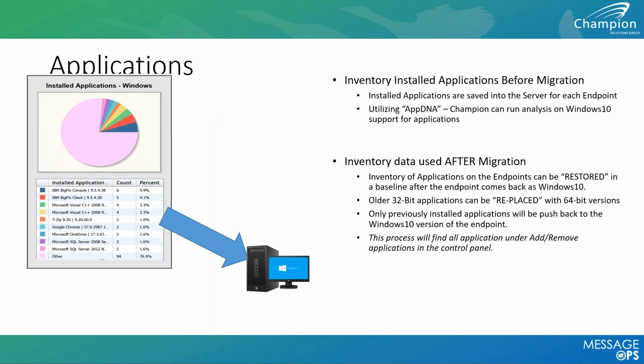This is also where we do a lot of transformation. We move those 32-bit apps to 64-bit apps because we know our desired state of our Windows 10 endpoints at the end of the day is all 64-bit operating systems that can support your 64-bit applications. So this is some of what we offer from an assessment standpoint.